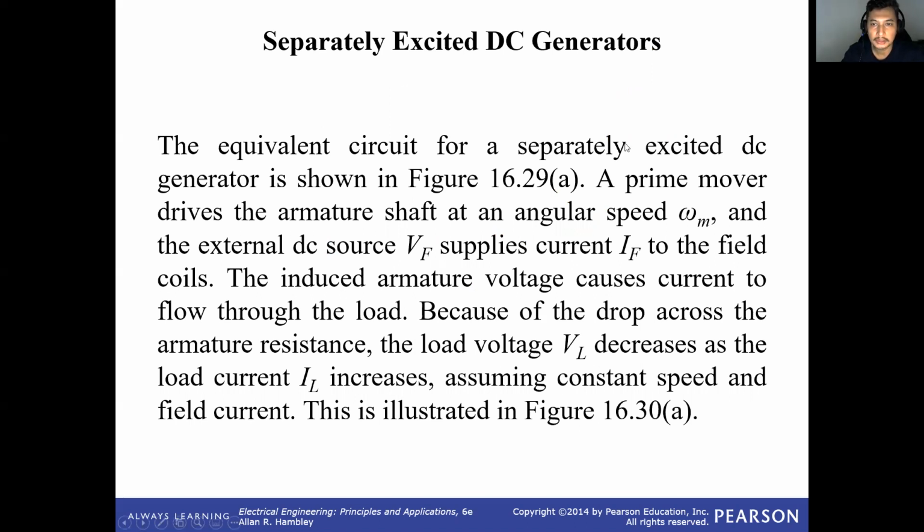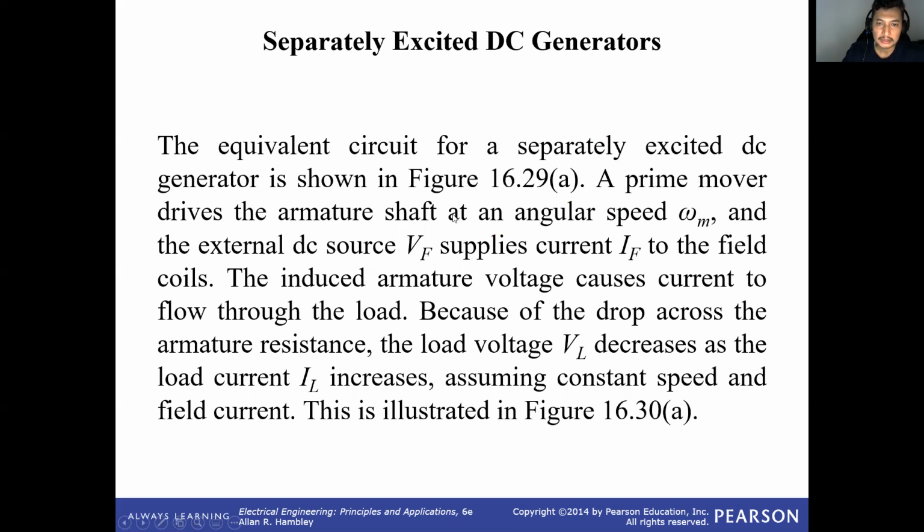The equivalent circuit for a separately excited DC generator is shown in the previous figure. A prime mover, from the turbine and so on, will drive the armature shaft at the angular speed omega m.